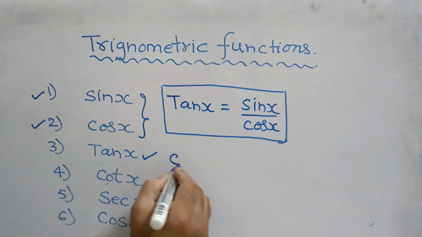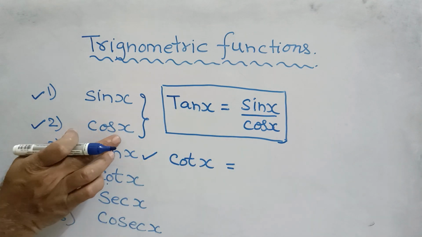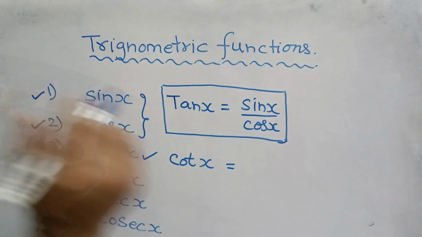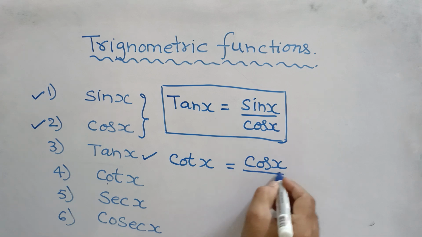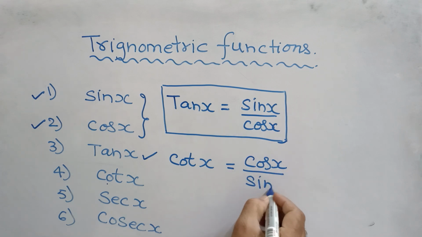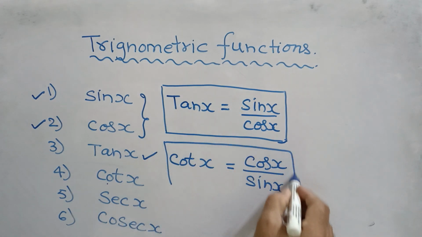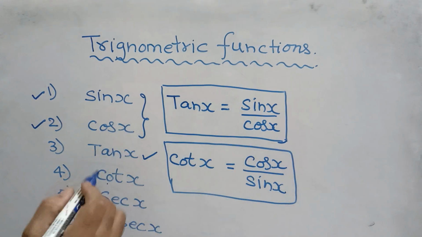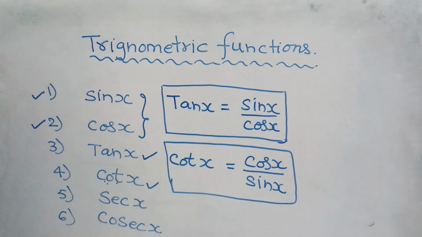Cot x is nothing but cos x by sin x. You just reverse the previous one. So cos x by sin x gives your cot x. Remember that.